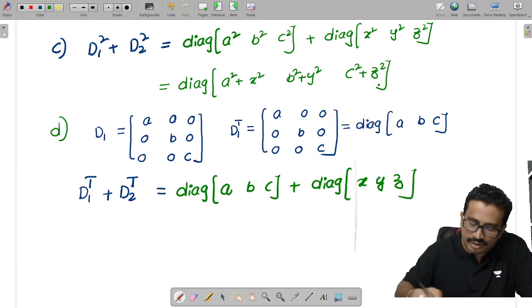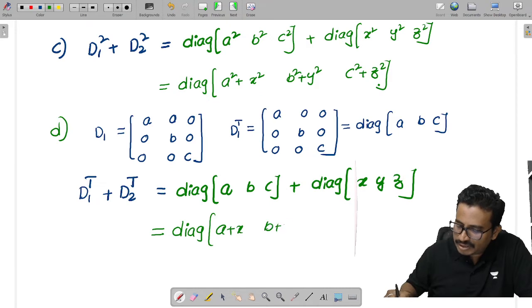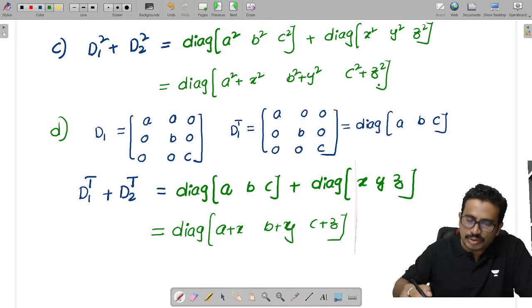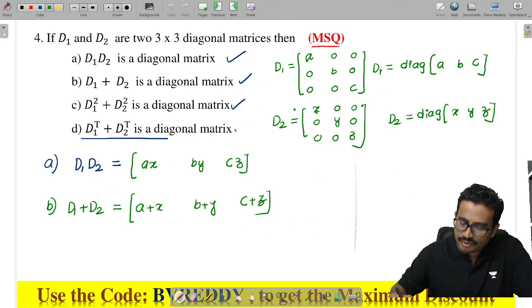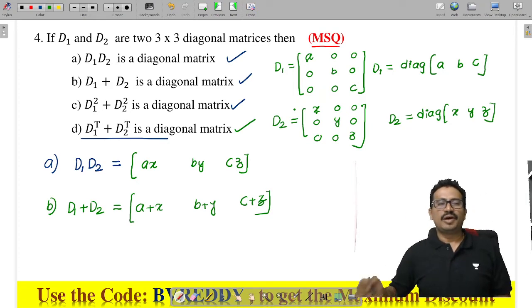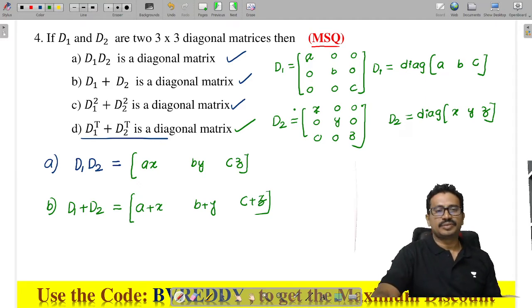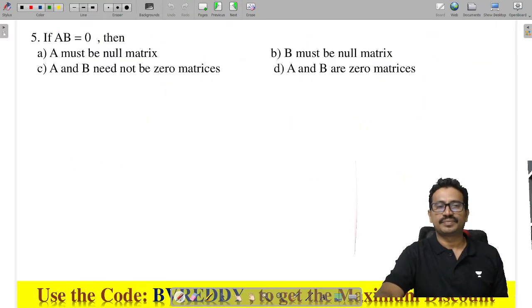If I add these two, what will I get? The same diagonal matrix only will come: a plus x, b plus y, c plus z. So this option D is also correct. Which are the correct statements? All are correct, A, B, C, D. So this is an MSQ question.